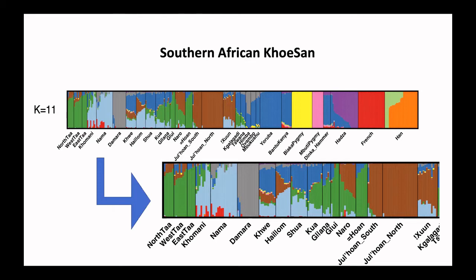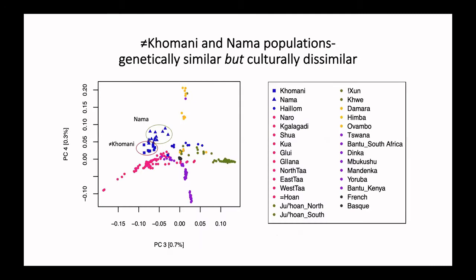So we continued with this and we did principal components analysis, and you can see here that the Komani and Nama do form somewhat distinct, spatially separated groups, although there is some overlap.